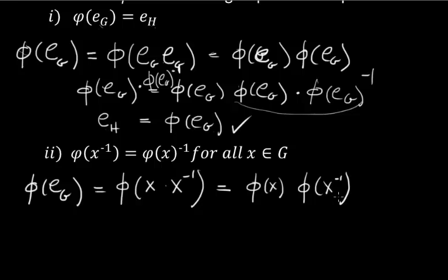Now we know that phi takes the identity to the identity in H, so phi of e sub G we know is the identity in H. This was by part 1 that we just proved.